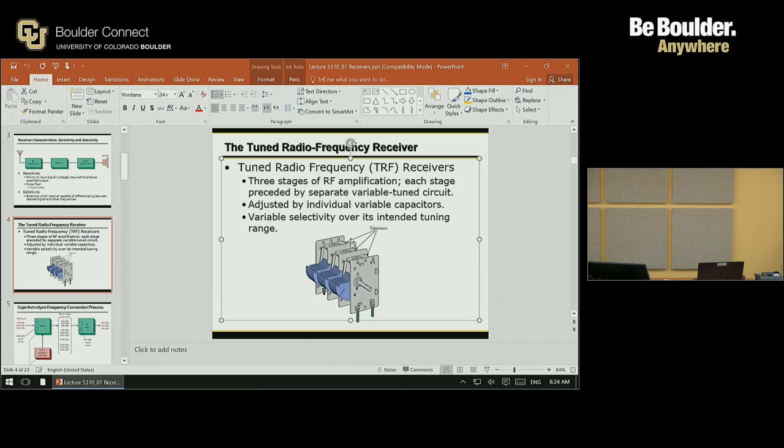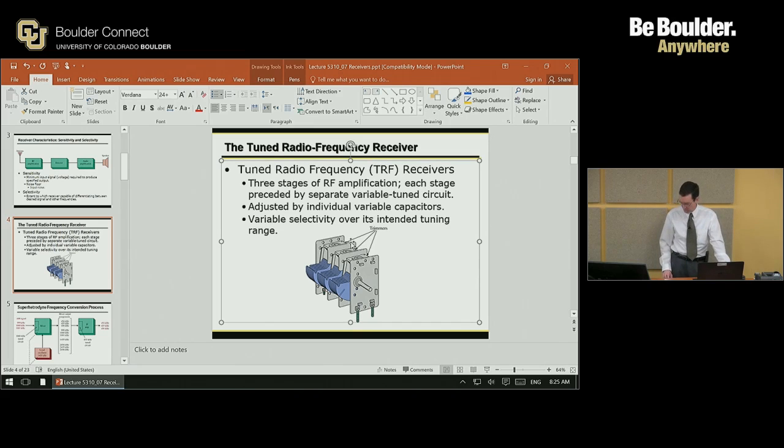That way you only had to turn 1 knob. Otherwise you had to turn 3 knobs in order to receive your signal. If you didn't know what you were doing, it was really hard to bring in the signal. So that was really challenging in the early days of radio when they had multiple stages of amplification.